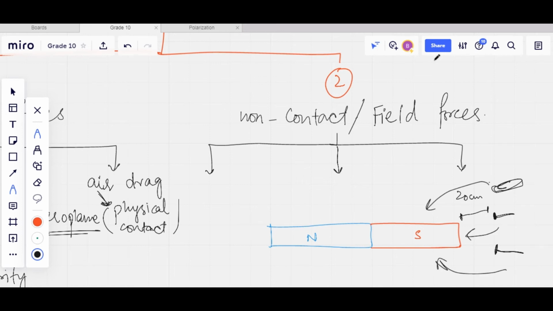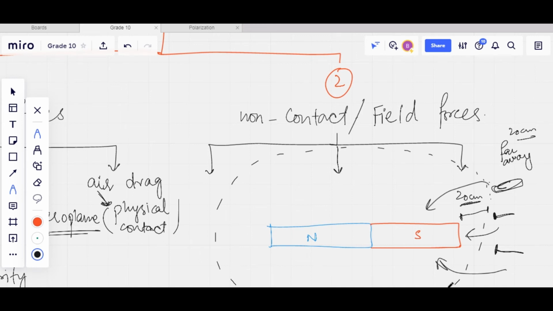And if we pull those paper clips beyond this distance of 20 centimeters, if they are far away, then these paper clips are not going to get attracted. So what does that mean? That means this magnet has a range of 20 centimeters around it, on all four sides.